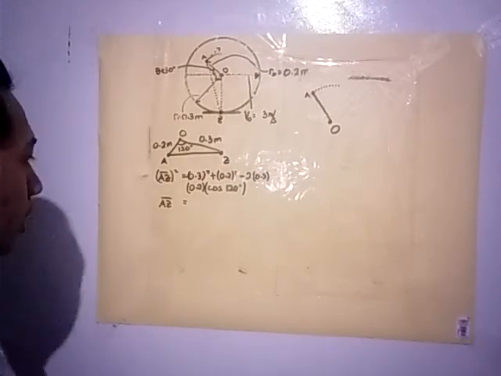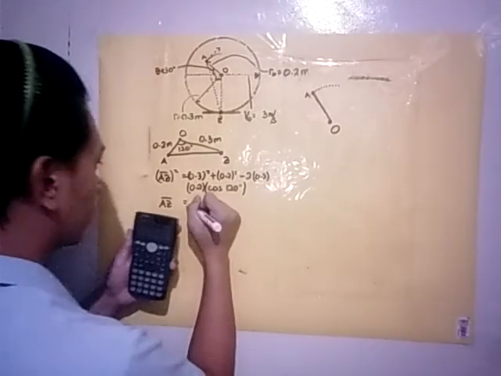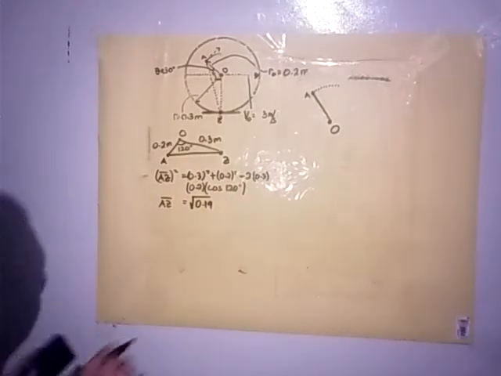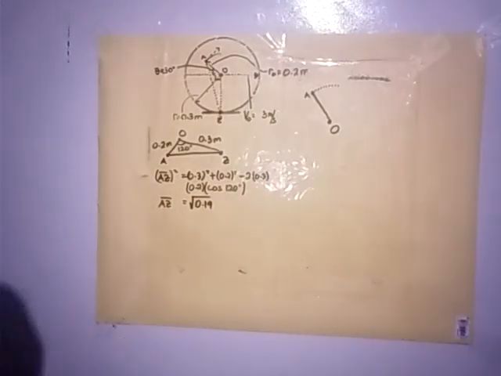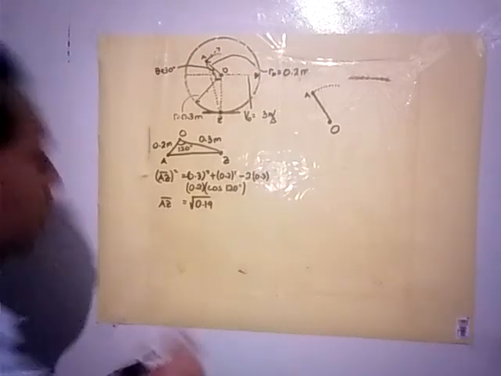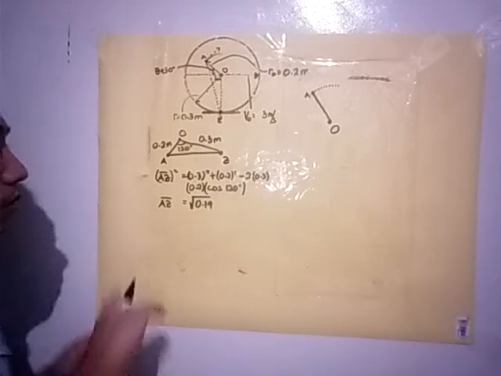So the line AZ is equal to the square root of 0.19. And as I said earlier, we will be using this to calculate the velocity of A.